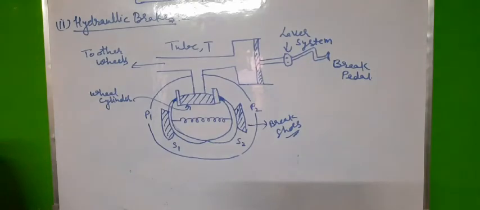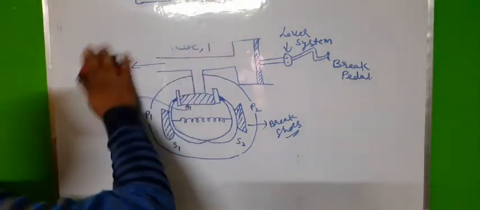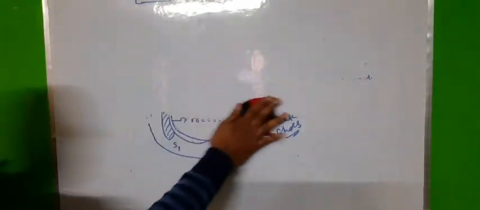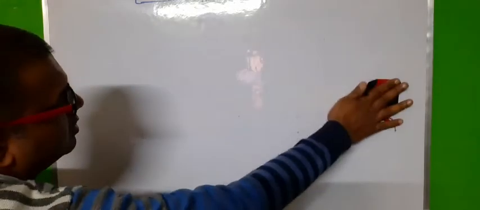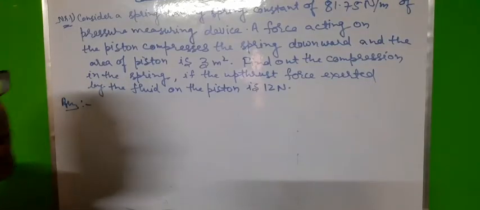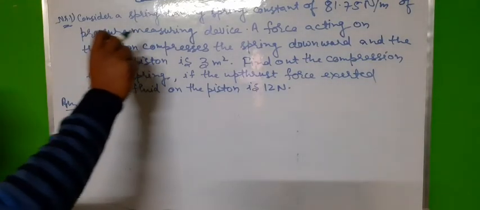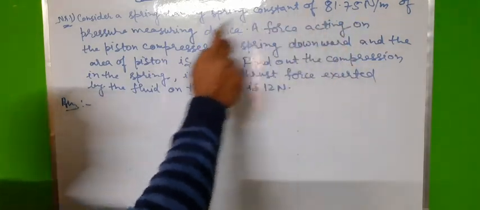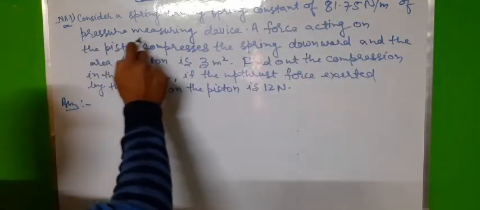Now we will do some numericals based on this. Look here. Yes students, consider a spring having a spring constant of 1.75 Newton per meter, and a pressure measuring device.